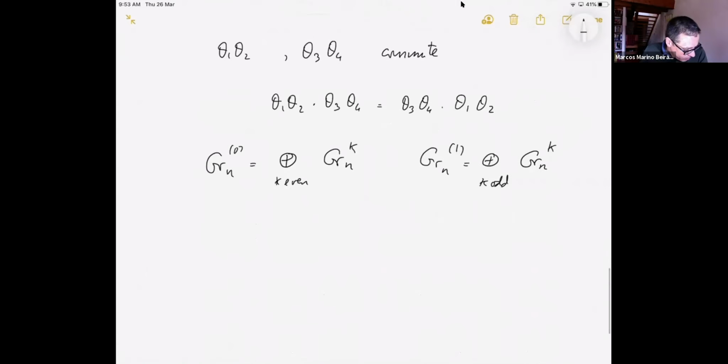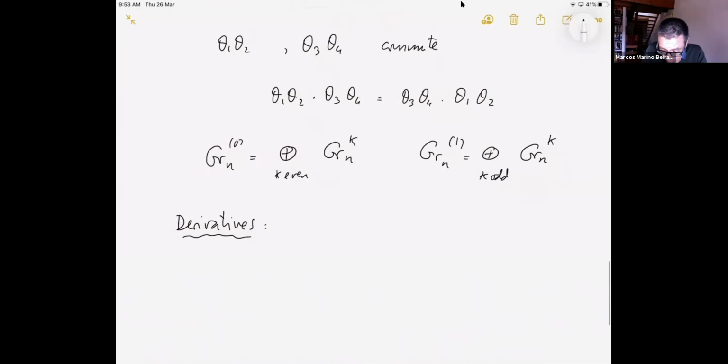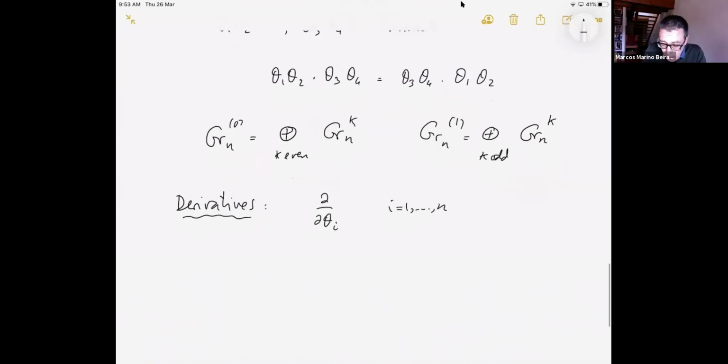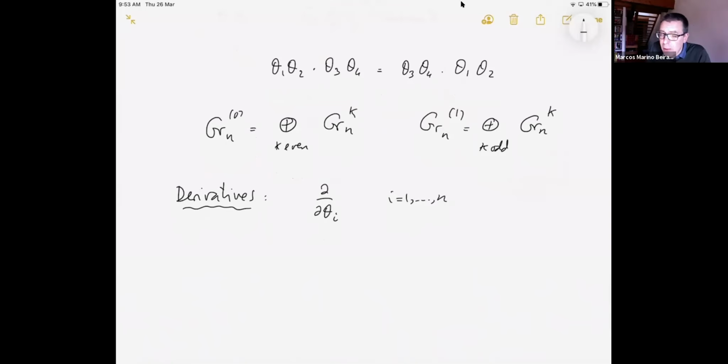Very good. So let's start by defining derivatives. We have a polynomial algebra, so it's enough to learn how to take derivatives of polynomials with respect to the variables. So you will have n derivative operators, the derivative with respect to theta i. The way this works is very simple. First we define it on monomials, and then we extend it linearly, as usual.